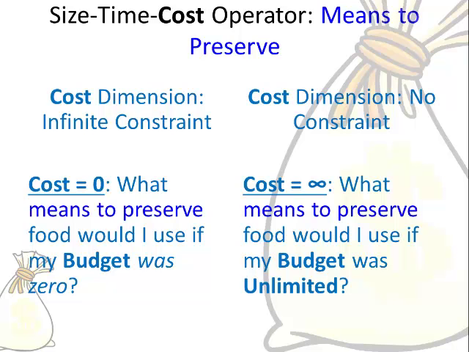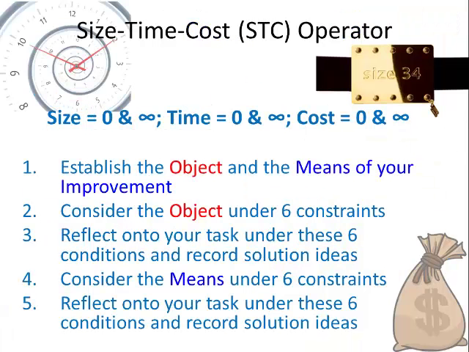Basically, we have walked all the way, and the procedure of the size-time-cost operator heuristic has to be clear to you now. Here is the complete procedure of the heuristic. In order to comprehend your problem and to frame it well, you need to follow these 5 steps and try to consider 12 unrealistic conditions altogether: 6 for the object of improvement and 6 for the means for improvement.